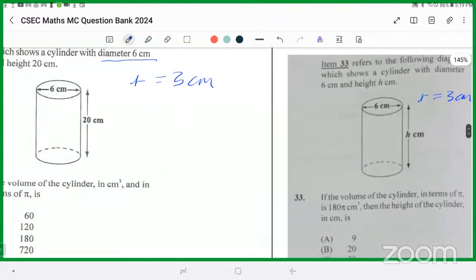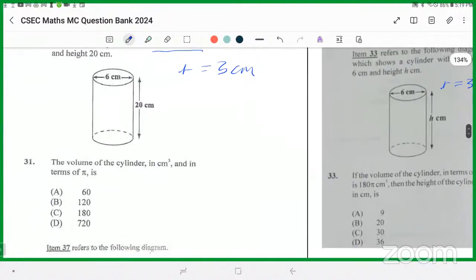All right. The question says the volume of the cylinder in cm cubed in terms of pi is what? So basically calculate the volume of this thing. We know the volume is the area of the base, which is pi r squared, times the height. That's what we're calculating, and they want the answer in terms of pi. So when you get the answer, you're not going to work out the pi.